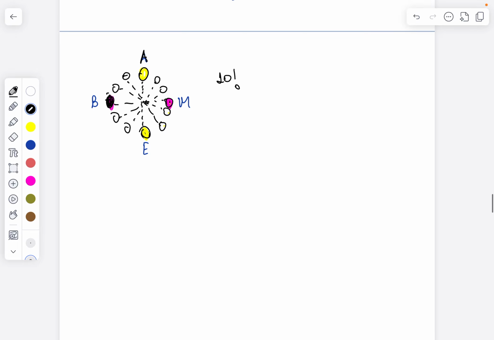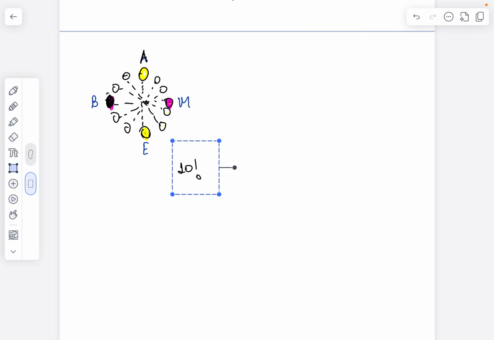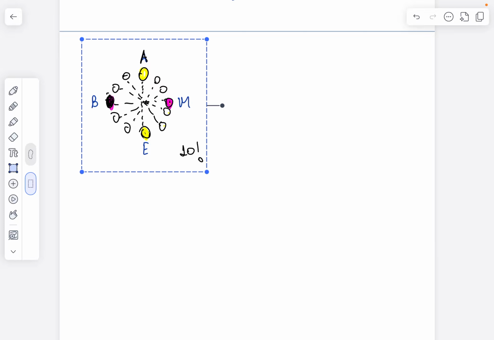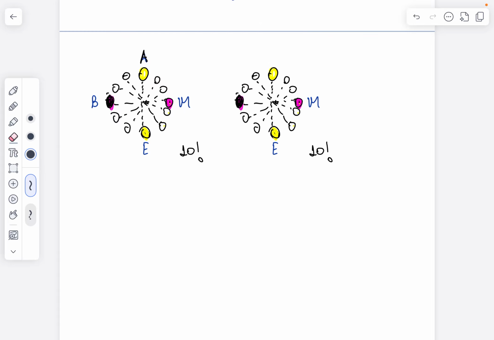I can change the setup by flipping. So this is 10 factorial. And now let's flip, let me copy this. We can flip the same seats, but flip the people. Like here is E, here is A, here is M, here is B, right? Just flipped, okay?